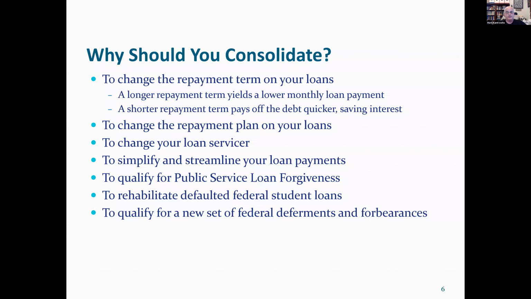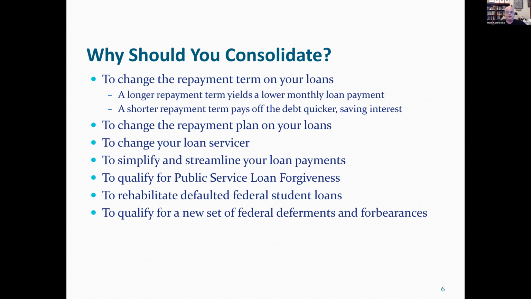So if you've been not paying your loans for a long time, in 3 years for the economic hardship deferment, 3 years for the unemployment deferment, and 3 years for forbearance, but you still are having trouble repaying the debt and you don't want an income-driven repayment plan, well, you can consolidate to reset the clock on these deferments and forbearances.